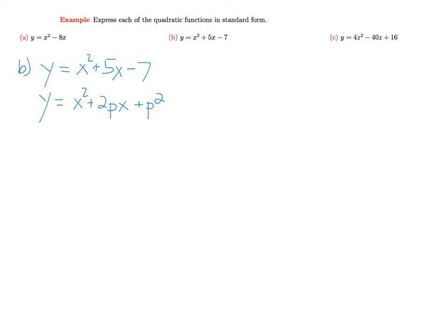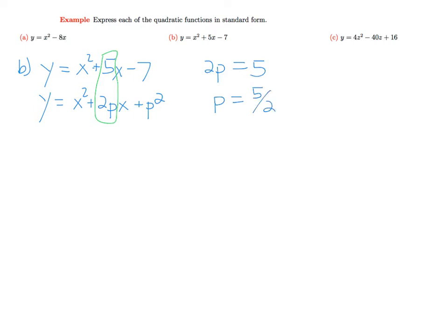For this to match, we see in this case that we must have 2p equal 5 in order for the x terms to match. That means p has to be 5/2.